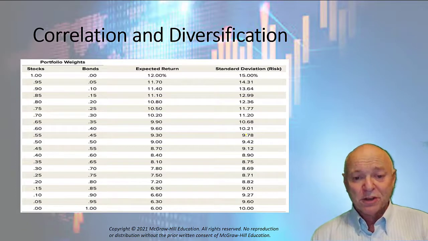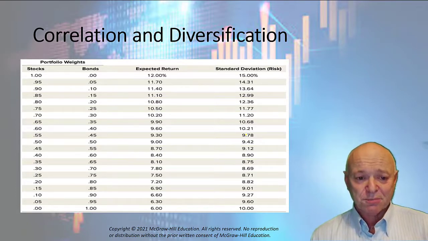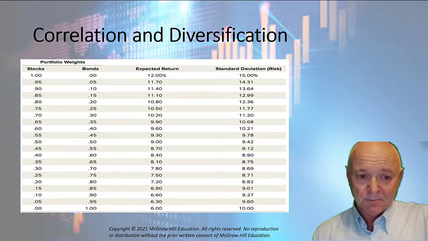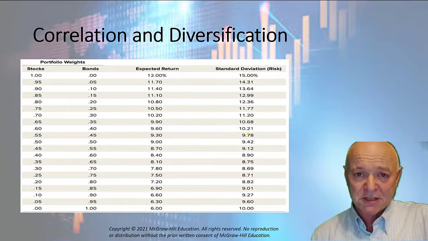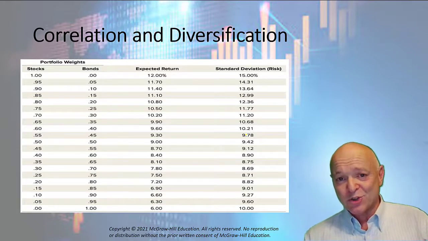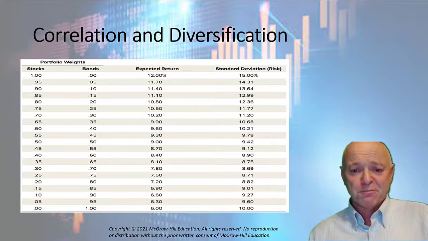When we're looking at a portfolio with a number of different diversification opportunities, here we can see an example where we have 2 different types of investments, stocks or bonds. We don't really care what kind of stocks or what kind of bonds. We just say we have a portfolio of stocks, we have a portfolio of bonds.